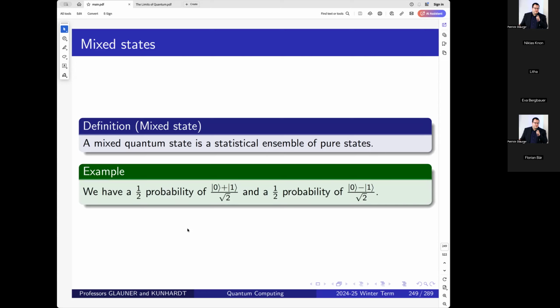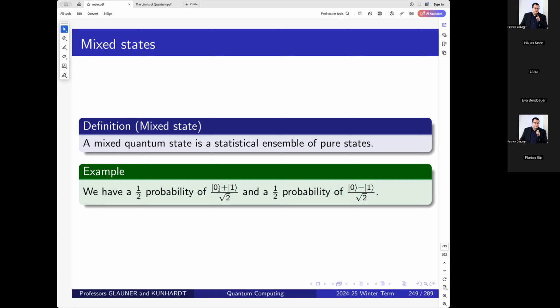Probably one of the simplest mixed states you could think about for now is that we have this superposition. We've seen this superposition in great detail in the last few lectures, especially the last lecture, and we were able to create it through the Hadamard gate. And we also have this other superposition we created through the Hadamard gate.